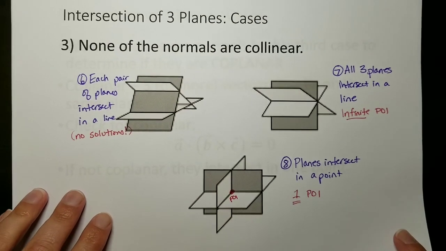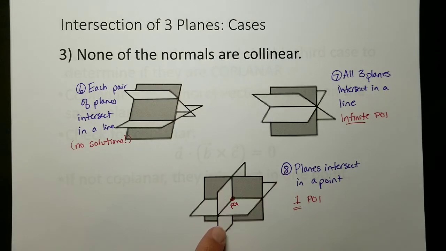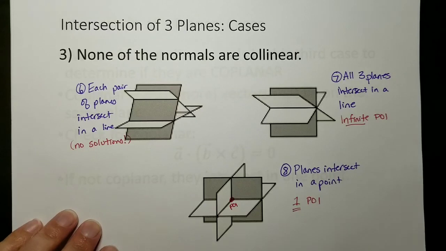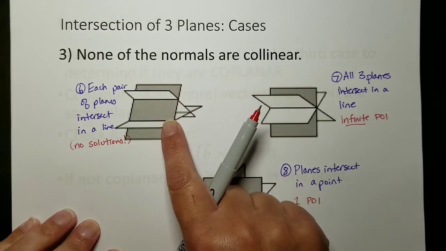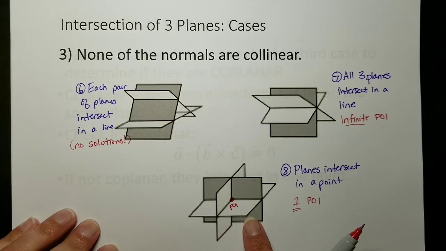I want to discuss something about these 2 cases compared to this one. It's a little bit hard to see in these diagrams for sure, but there's something special about the normals in case 6 and 7 compared to the normals in case 8.